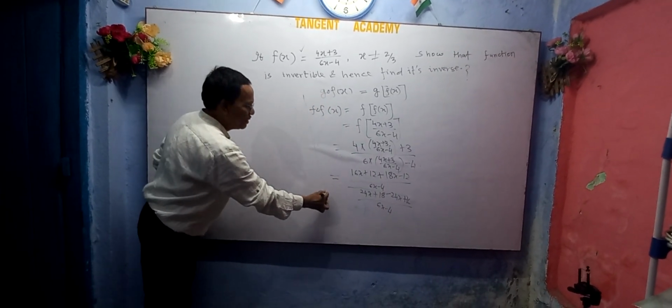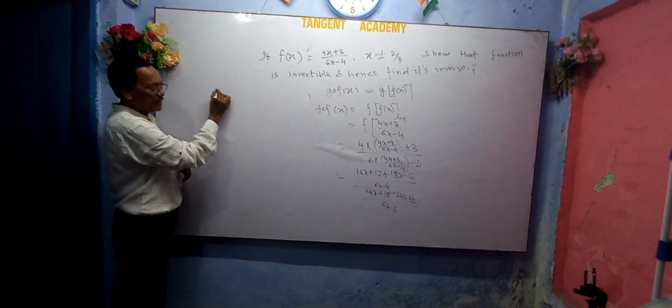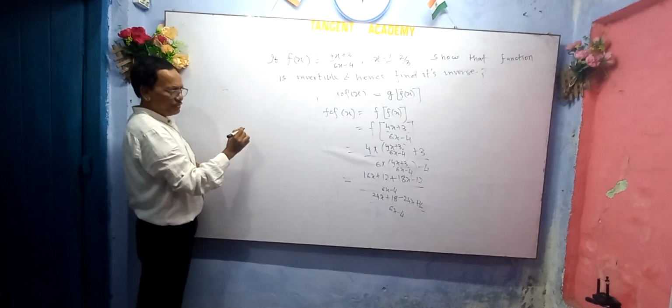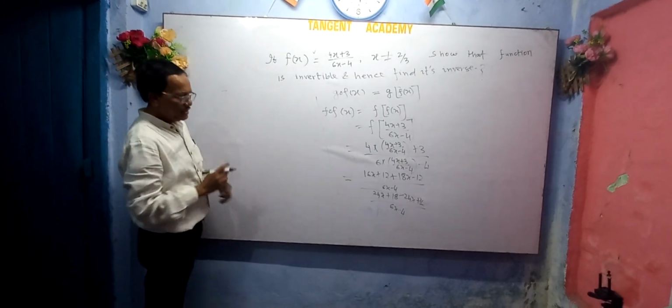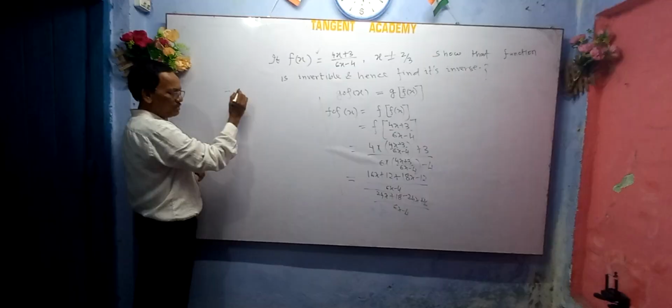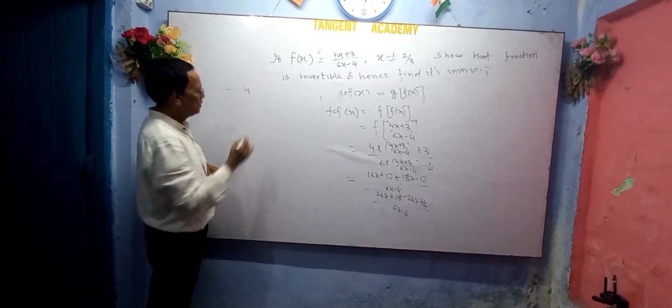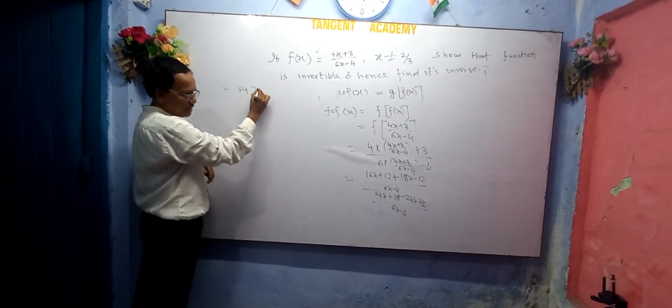After simplification, we get here 16 plus 18, which is nothing but 34x.